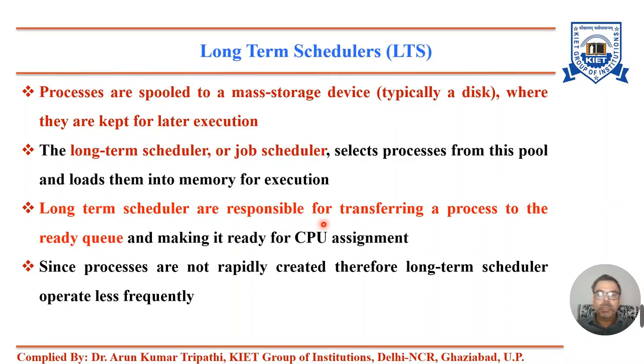The long-term scheduler is responsible for transferring a process to the ready queue and making it ready for CPU assignment. Since processes are not rapidly created, the long-term scheduler operates less frequently.